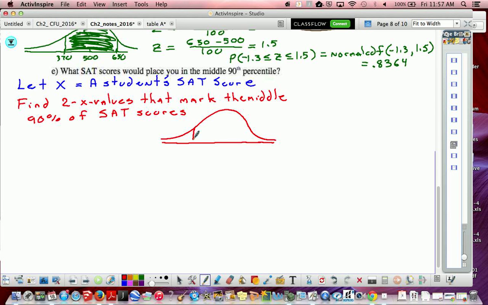I'm looking for a lower bound X score and an upper bound X score such that this area in the middle is 0.9000, or just 0.9. I put the zeros just because in Table A it's 4 decimal places.